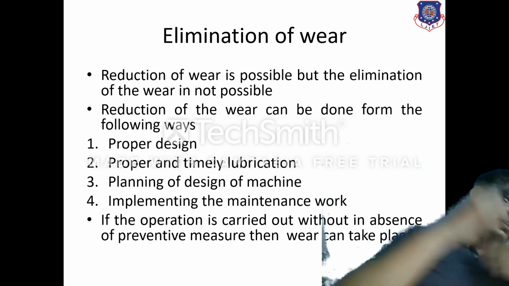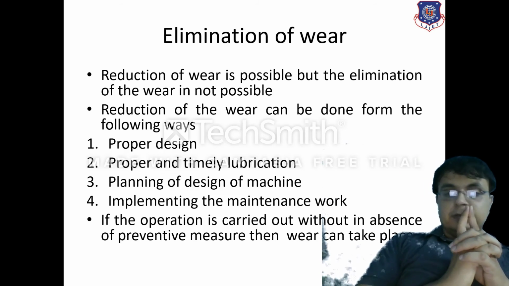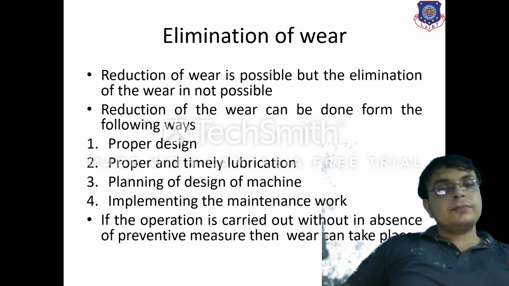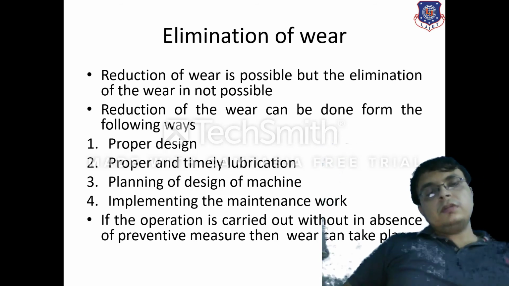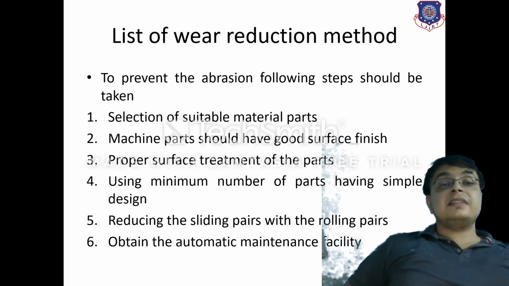Maintenance work should be done properly. So by doing these things, the reduction in the wear can take place. But if the operation is carried out in absence of preventive measures, then there is less chance of the prevention of the wear.